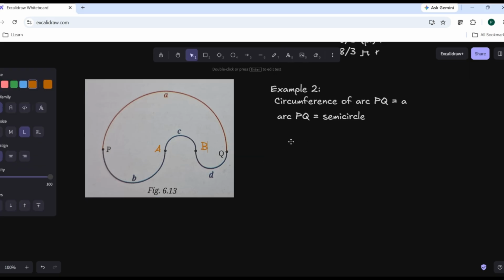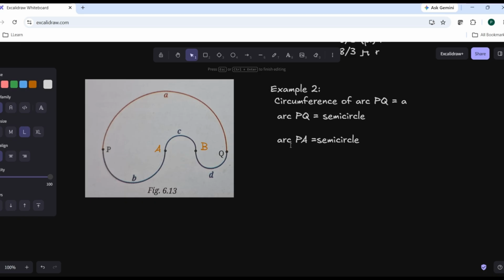Now PA is also a semicircle. So arc PA is also a semicircle. They are all semicircles of different radii. PQ has a bigger diameter, PA has a smaller diameter.